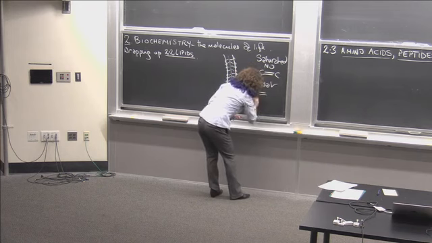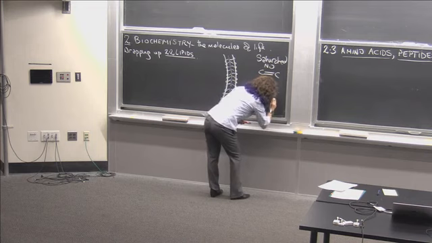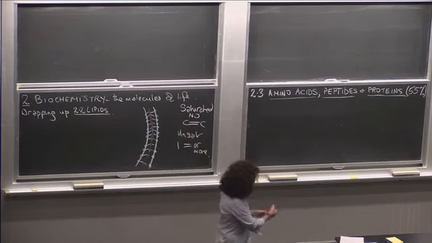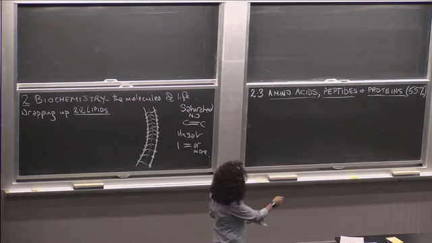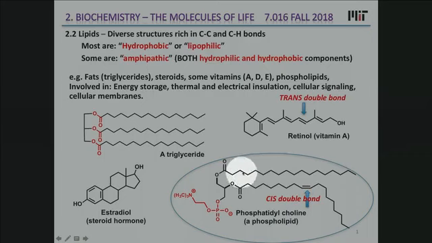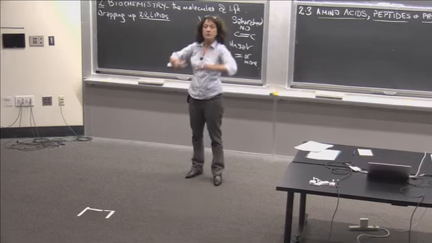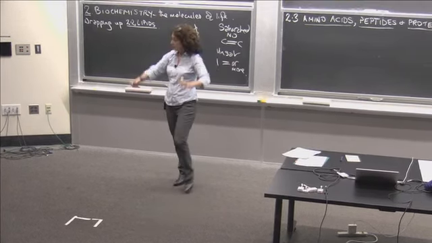So that's one or more double bonds. And those double bonds take on a particular shape because there's not freedom of rotation around double bonds the same way there is around single bonds. Those single bonds, you can twist them around and twist them around, but the double bond geometry is fixed.